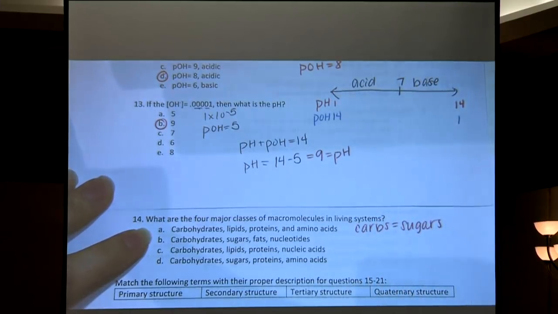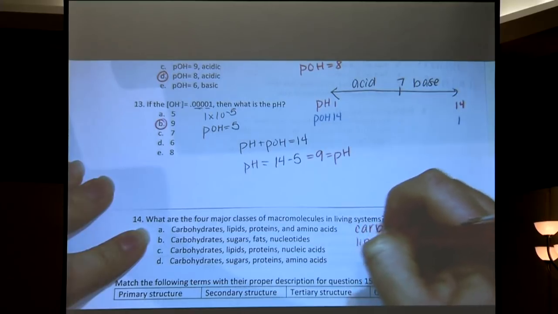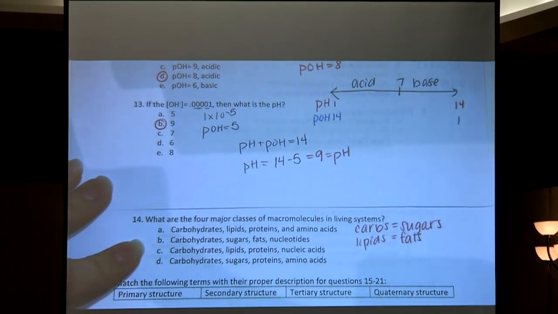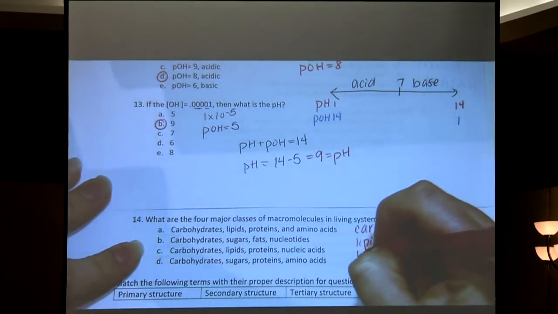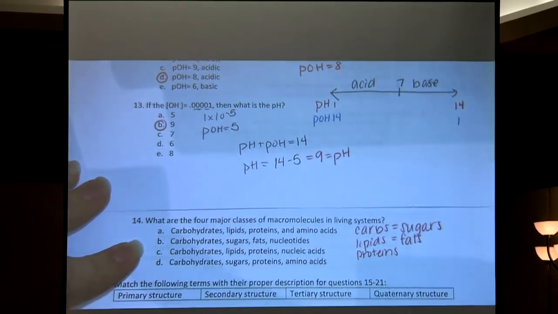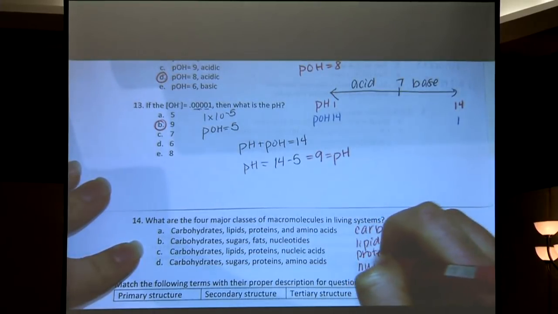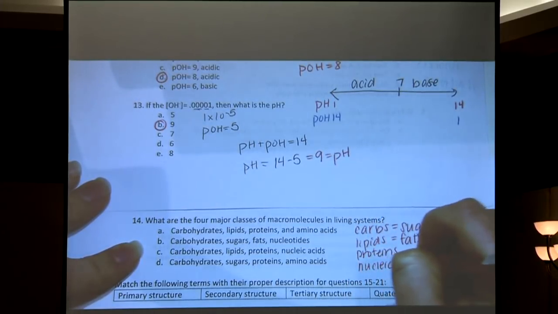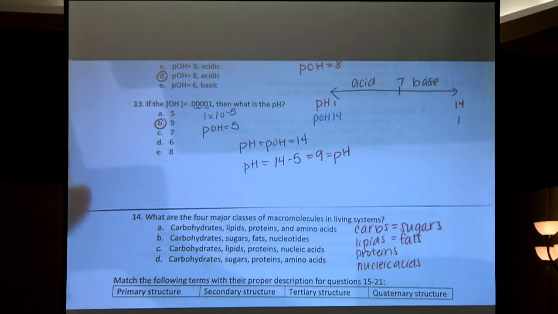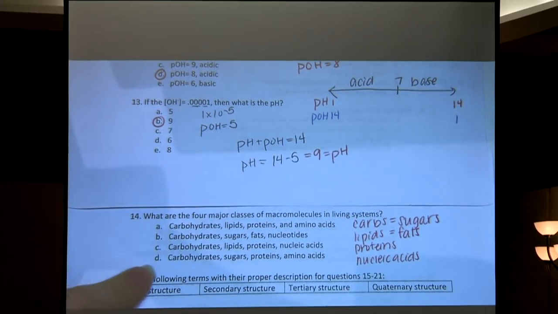We'll need lipids, these are our fats. We will need our proteins. And we will need to be able to make these proteins, so we'll also need our nucleic acids, which will also help form other secondary structures. So in that case, that is most related to answer C.